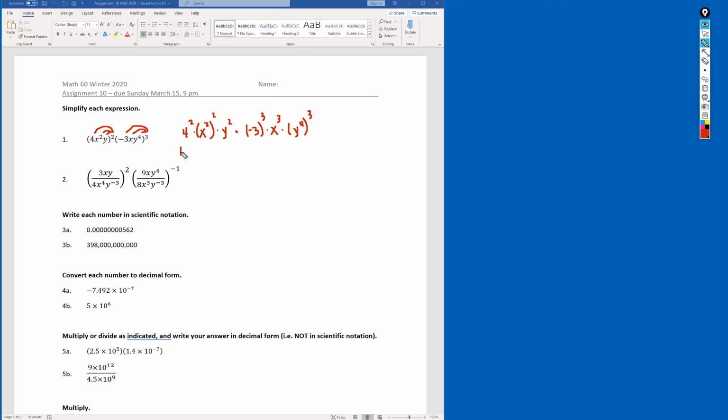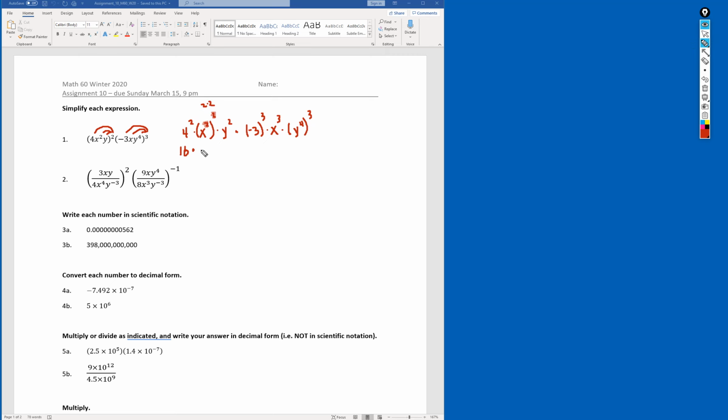4 squared, of course, is 16, times x squared squared. So when we have one exponent and then it's raised to another exponent, we have to multiply those. So I'm going to do 2 times 2.